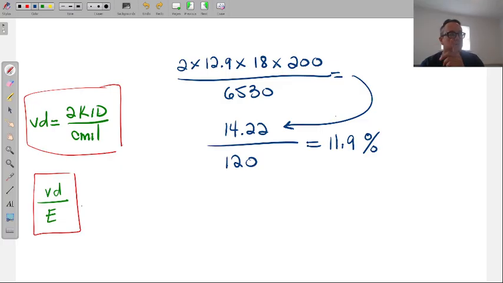1.732. What page is that on? What page is that on in the code book?